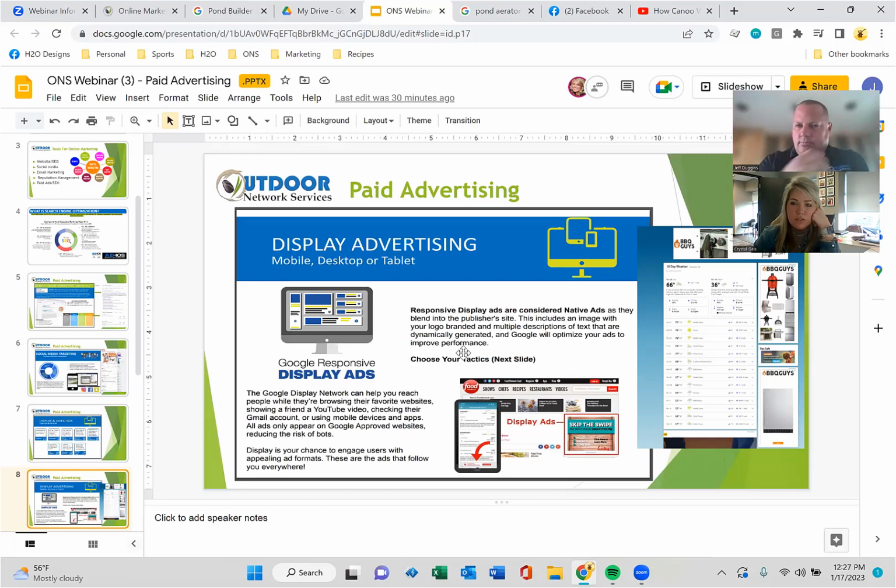Remember, I told you on the search engine marketing that if you see an ad and you don't click on it, you don't get charged for that. But on display ads, you're charged by the impression. So your click-through rate is going to be much lower on a display campaign. You're looking at around 1%, versus your click-through rate being much higher on search engine marketing or PPC ads. The average, I think, is 3.58%.